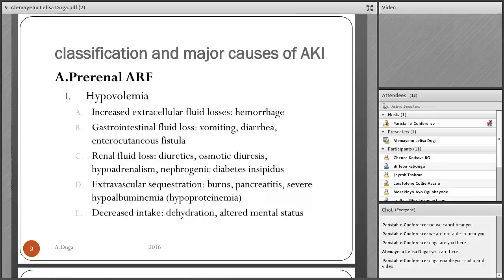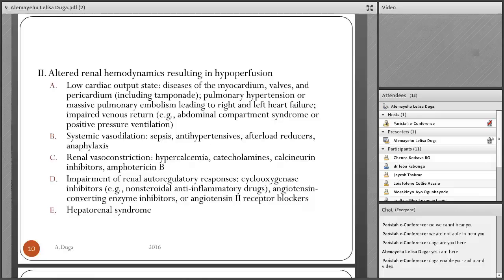Extravascular sequestration, burns, pancreatitis, and severe hypoalbuminemia. So these are the causes of pre-renal acute kidney failure. Most likely it is related to low blood volume or simply hypoperfusion.